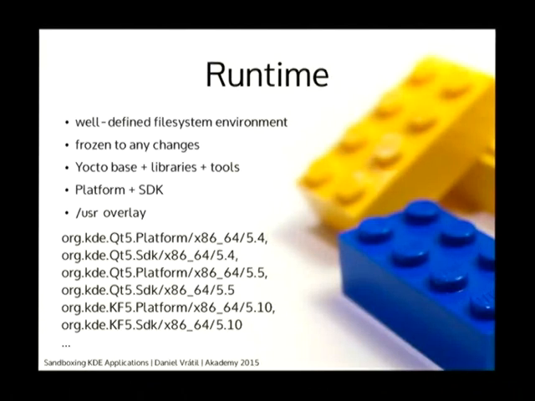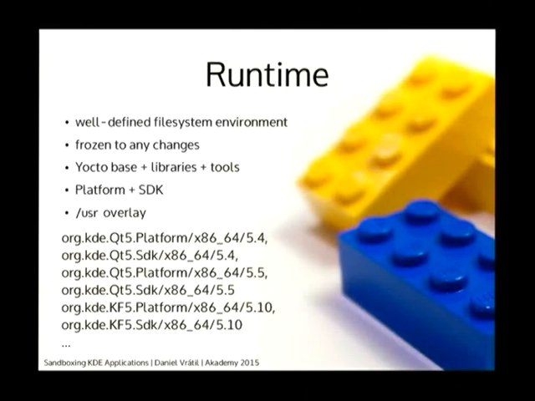I mentioned that we use some base as a base layer, the system libraries that are available basically on every distribution or that basically make the system. Currently we use the Yocto base. Yocto is a project from, I think, the Free Software Foundation.